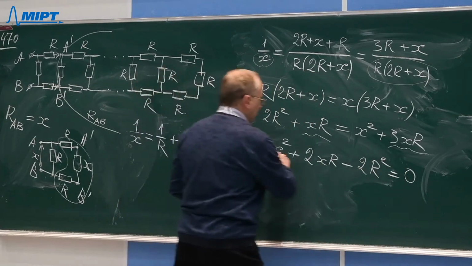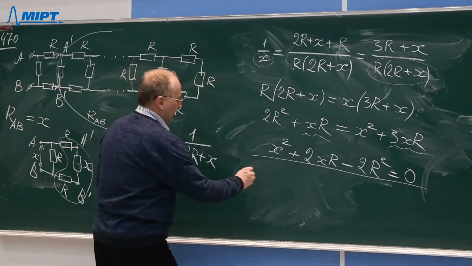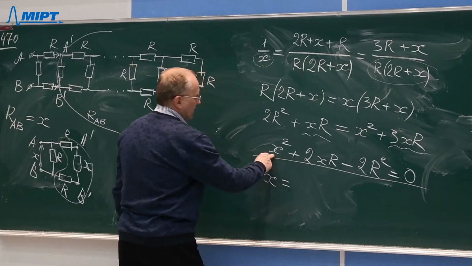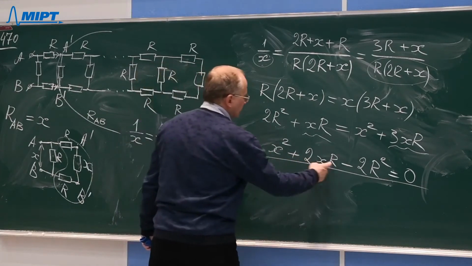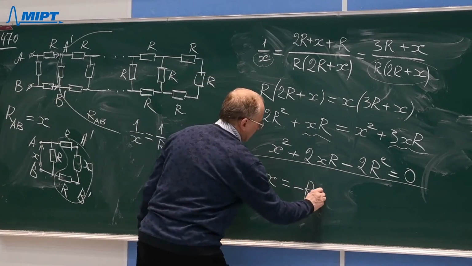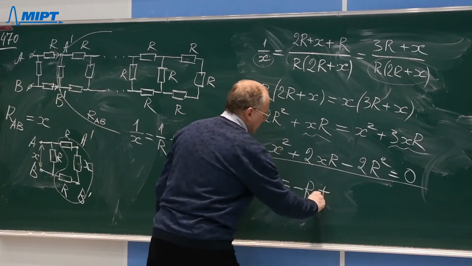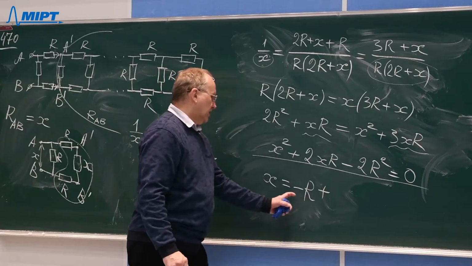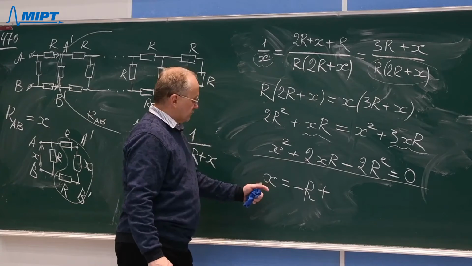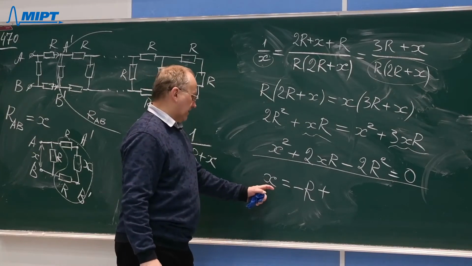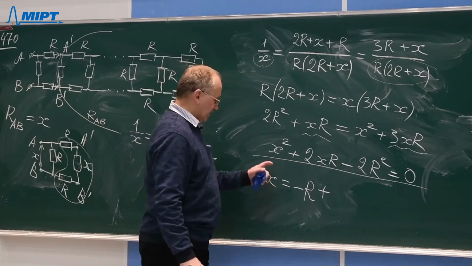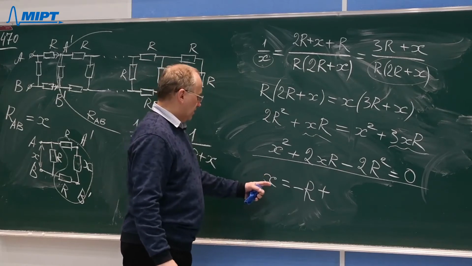And to find the solution of this quadratic equation, we need to know the formula for the roots of a quadratic equation, and that will be the unknown quantity X will be equal to minus this coefficient 2R divided by 2, that will be minus R, plus minus something else. But if I choose the sign minus here, I will obtain obviously a negative quantity. A negative quantity for the resistance is unphysical, it should be excluded. We don't consider negative quantities, we consider only normal positive resistance.